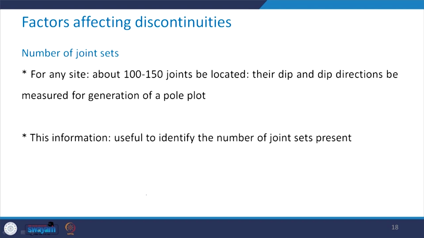At any site, how should we find out what the number of joint sets present at the site is?